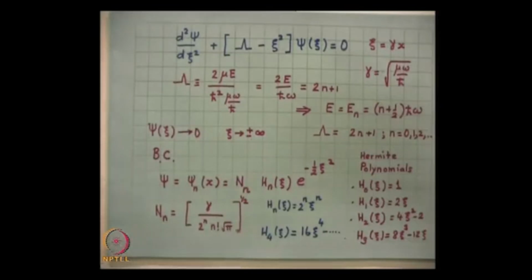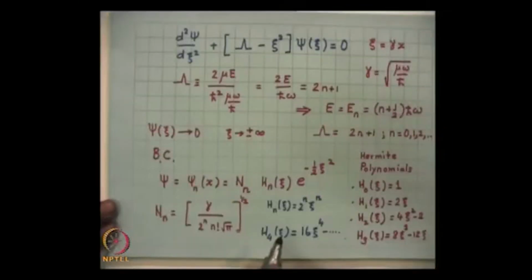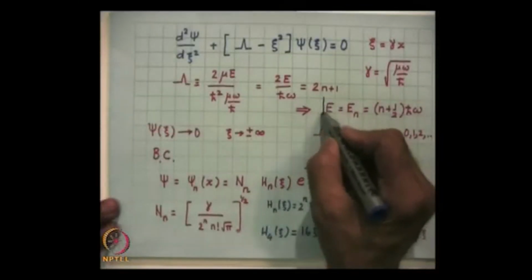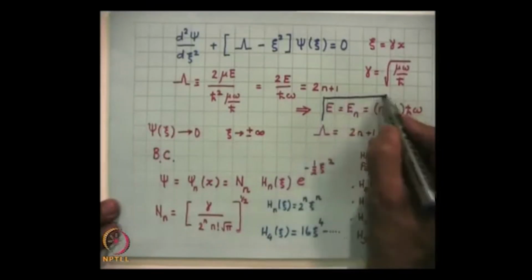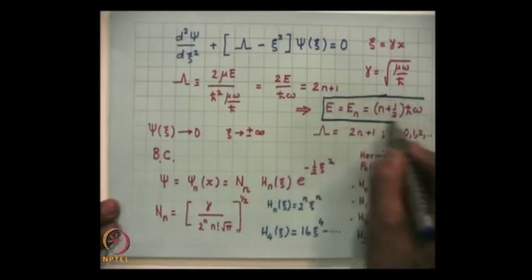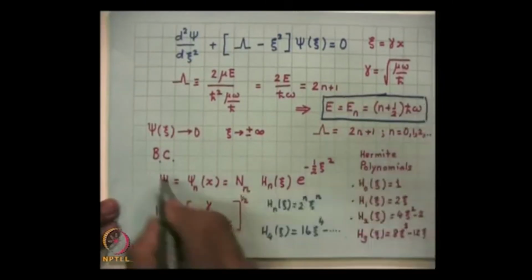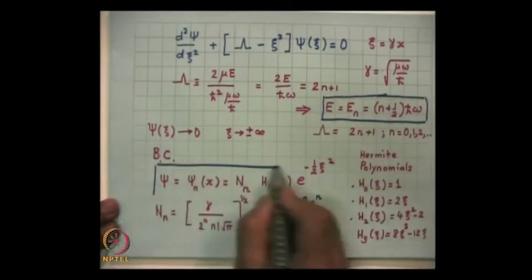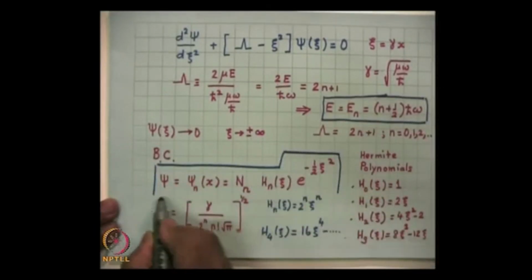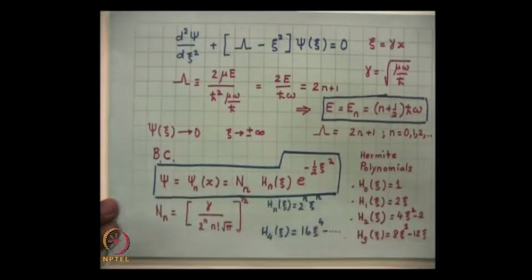So, the coefficient of xi to the power of n in H n of xi is always 2 to the power of n. So, therefore, these are the discrete eigenvalues of the problem, and these are the normalized wave functions of the problem.